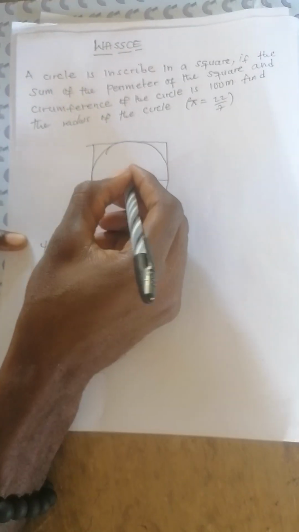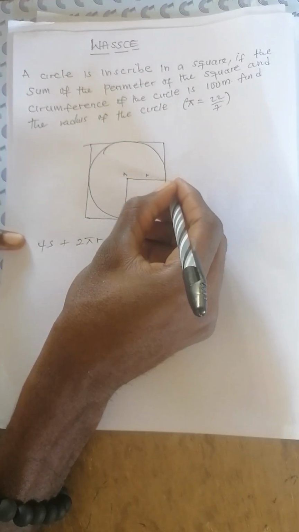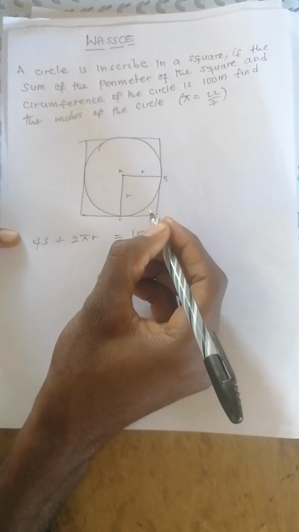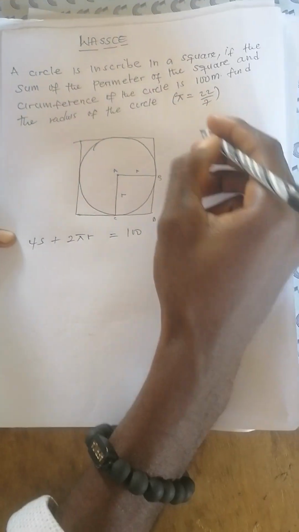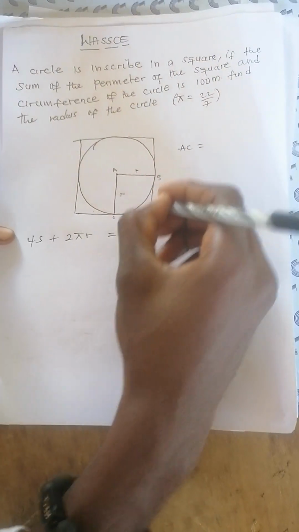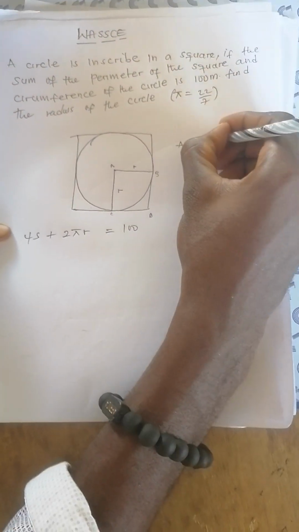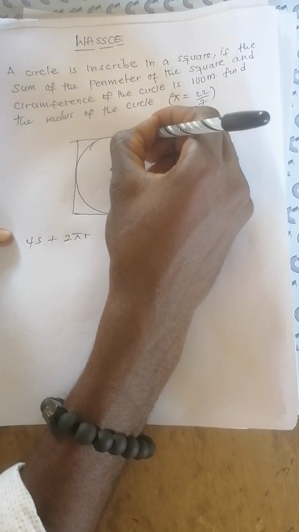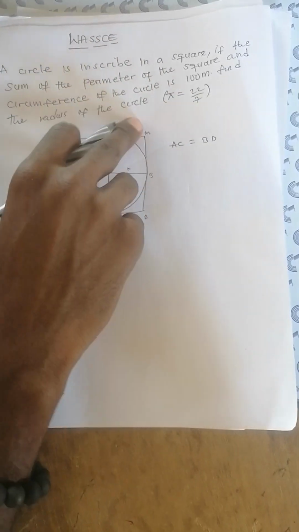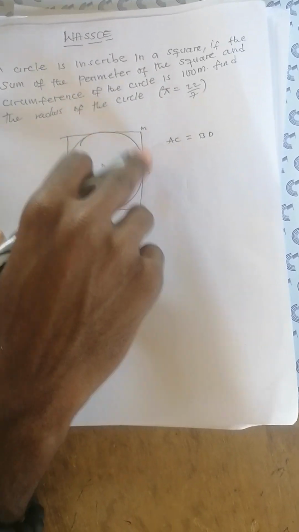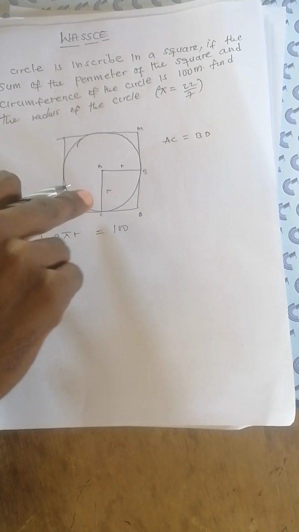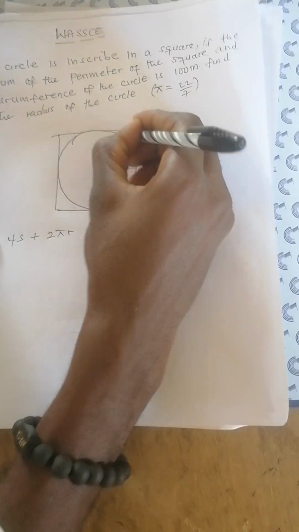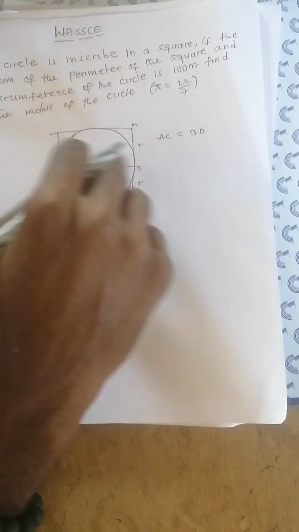But now if you look here, let me call these points A, B, C, D. Radius AC is equal to BD. If I call this point M, you must know that BM is equal to BD. So here can be r and here can be r, because these are all equal.